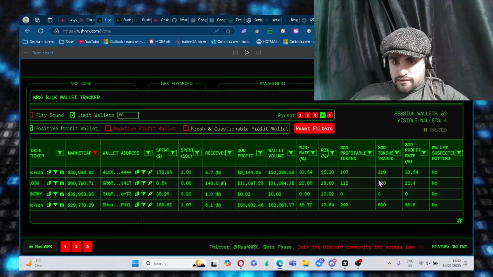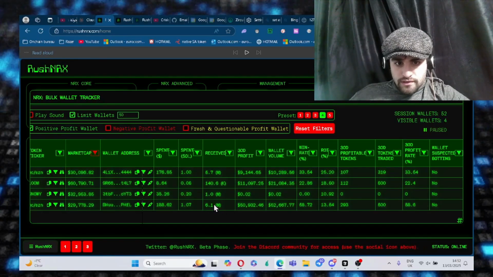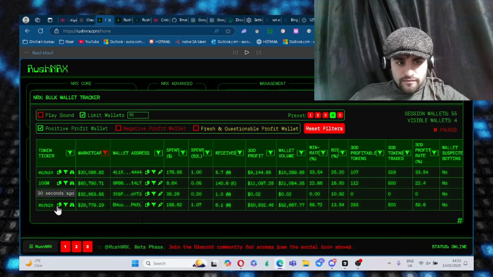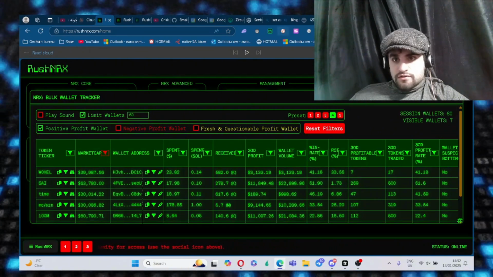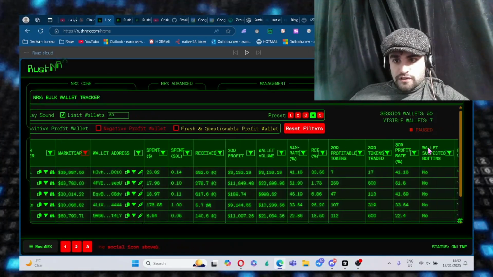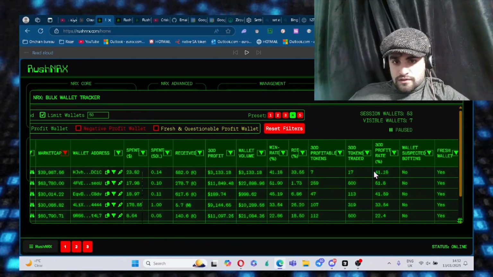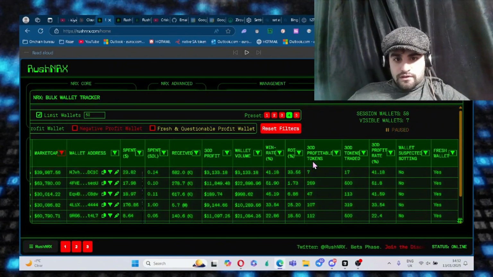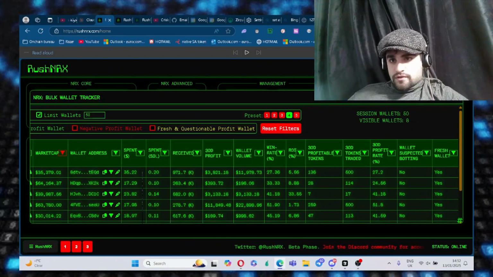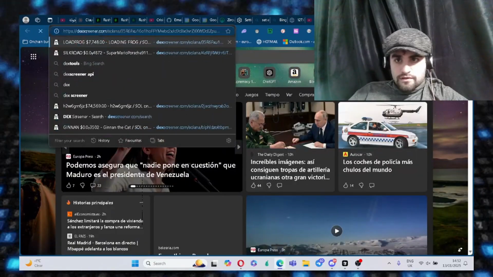Win rate 33. Okay, I'm gonna check this one. MCs, and we see it two times, so it's a good sign, I hope. Win rate 41, return on investment 33, 30-day profit. Okay, this one might also be interesting.